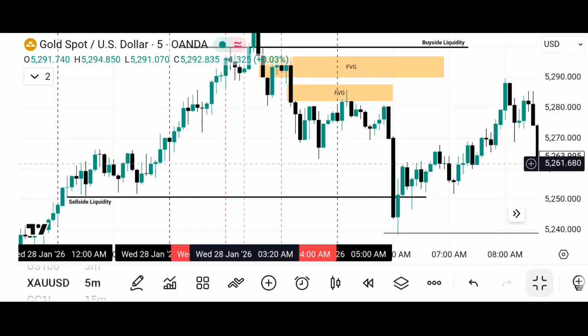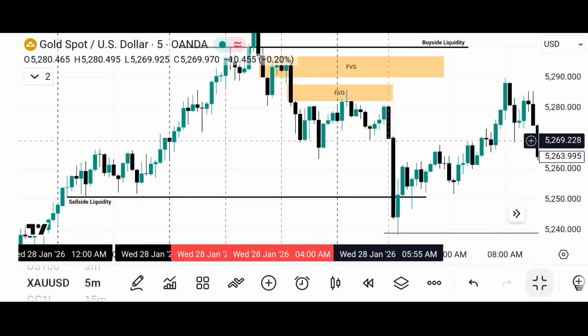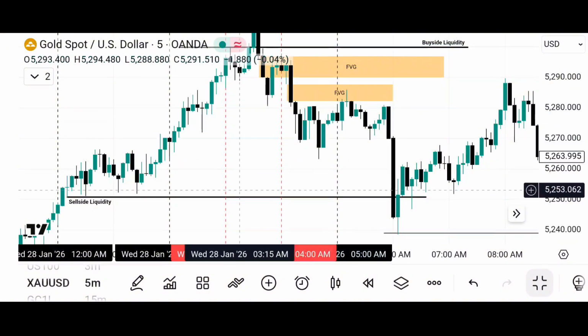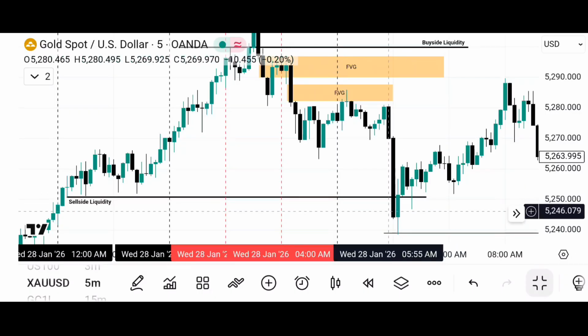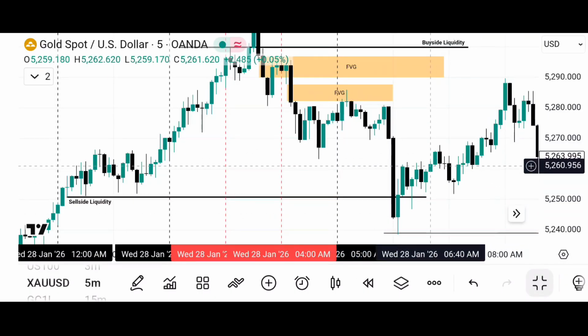Showing it's not actually random. Price is not actually random. It was actually running down for this particular level specifically. And as you can see, after taking it out, price started running up back into the range.